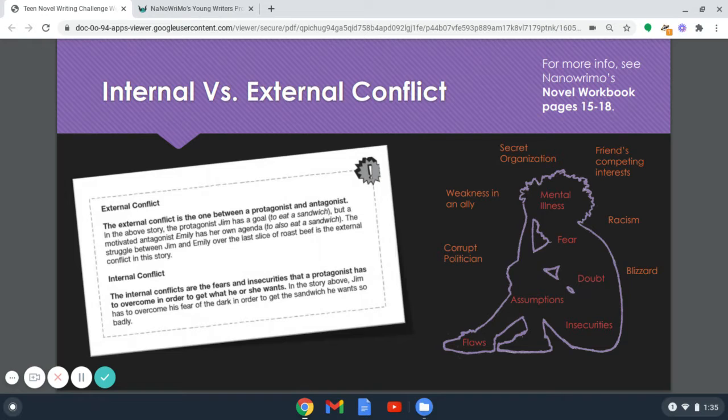It could be insecurities about themselves, doubt about their abilities, fear of something that they have to face, or that they're not good enough, a lot of different feelings. And it also includes mental illness. So if your character is dealing with depression or any kind of mental blockage that is getting in the way of them being able to perform the task they need to perform, or to get the role they want to get, those are kind of internal conflicts to think about.